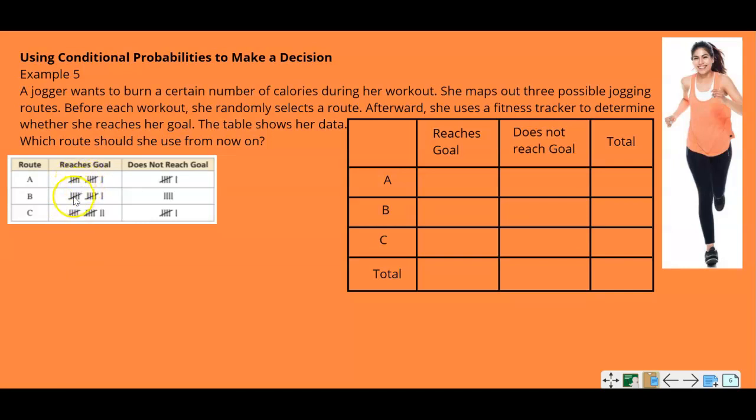So there's 5, 10, 15, 20, 25, 30, 35, 40, and then 41, 42, 43, 44, 45, 49, 50. So it looks like she's tracked her running route 50 times. So the first one is going to be 11 out of 50, and whatever that decimal fraction is going to be, that's what's going to go right here.